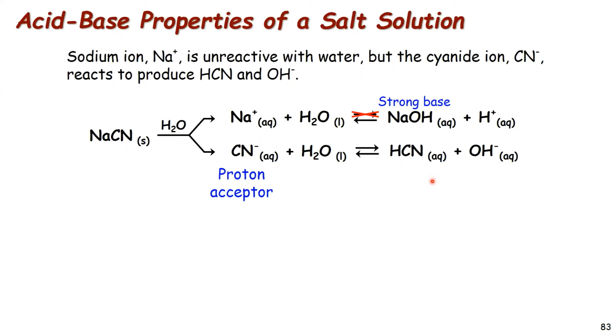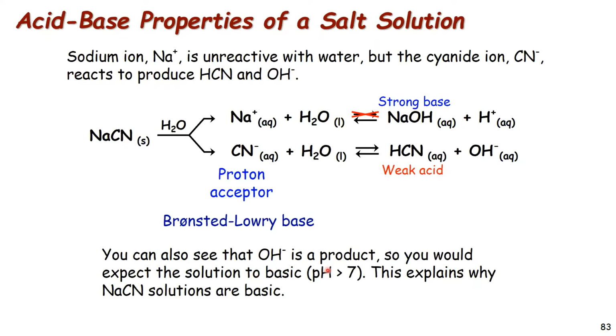Now, in this case, the hydrocyanic acid is a weak acid. Since it's a weak acid, we will have equilibrium. So when the cyanide ion is present, we have all of these species in solution. Again, it's a weak electrolyte, so it's going to be in equilibrium. So we would actually classify the cyanide ion as a Bronsted-Lowry base.